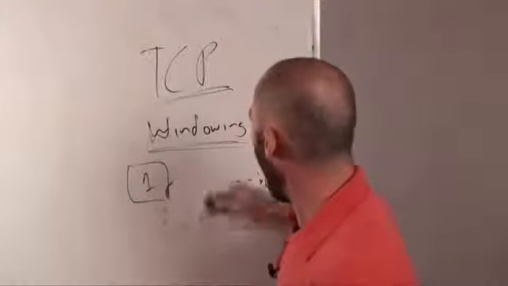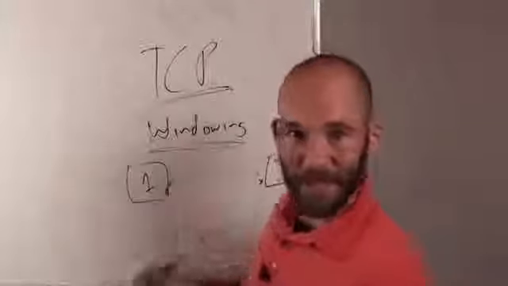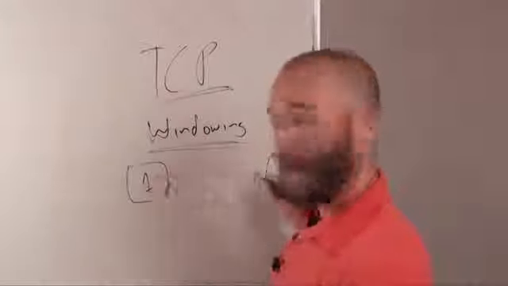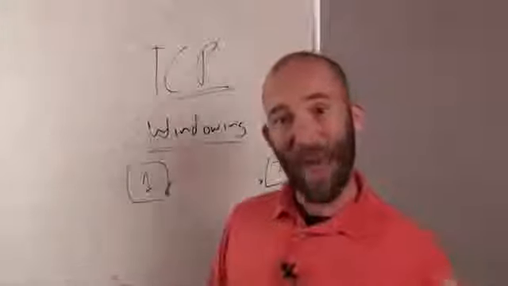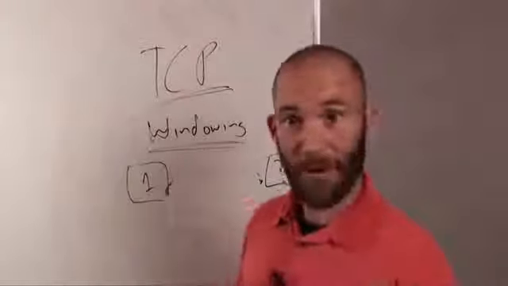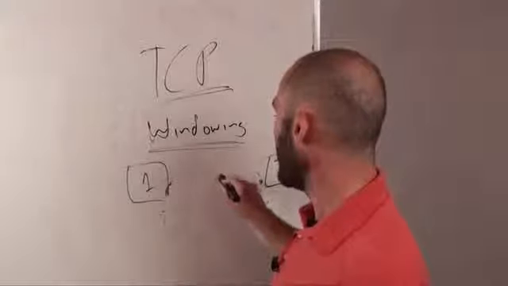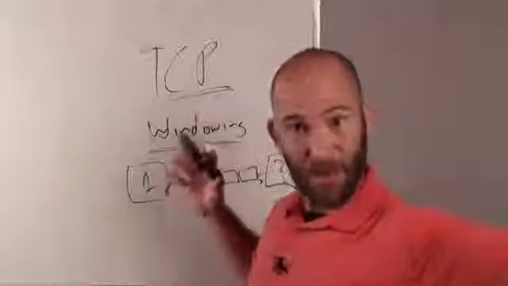Now, let's say this gets up to 128 packets that it's sending out to computer 2. If something happens with the data on the way and the packets get messed up, computer 2 may only receive, let's say, 2 packets out of that whole mess of 128 packets.